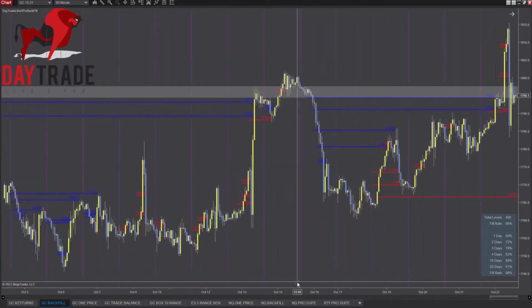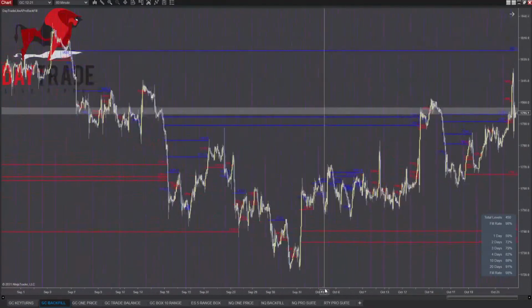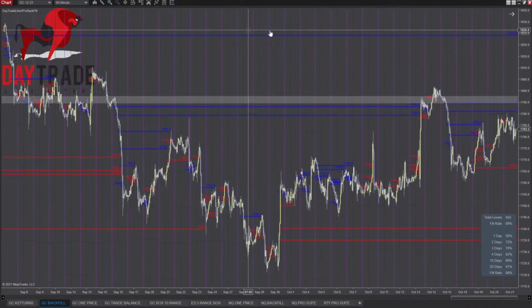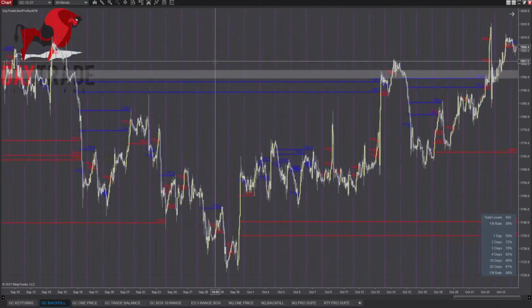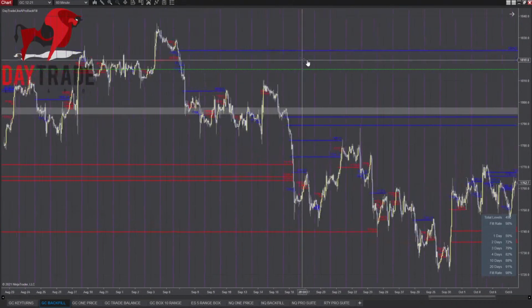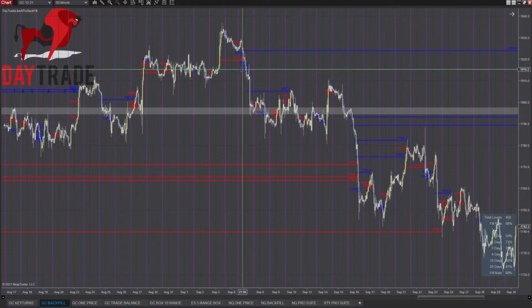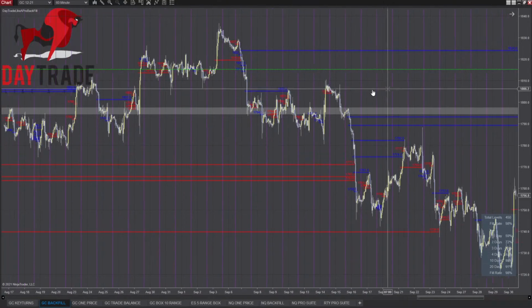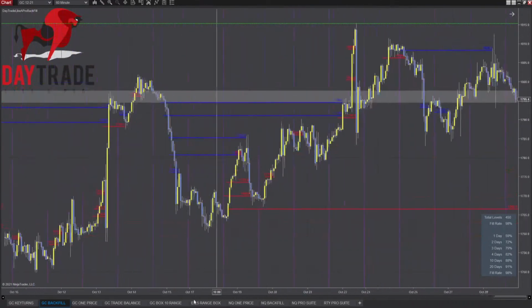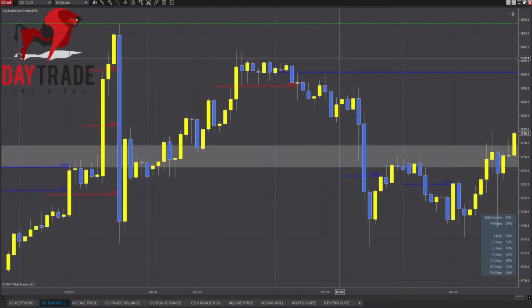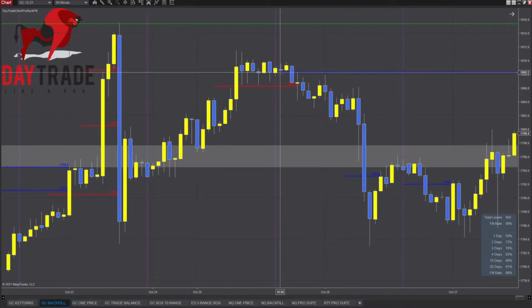So I'd be looking back over here and saying, do I see somewhere that I can sell in this area? I'm going to mark that off, and I'm going to scroll back over here. So you can see this was a move down, stalled out, big move down again. For me, that's one of the things I'm looking for.